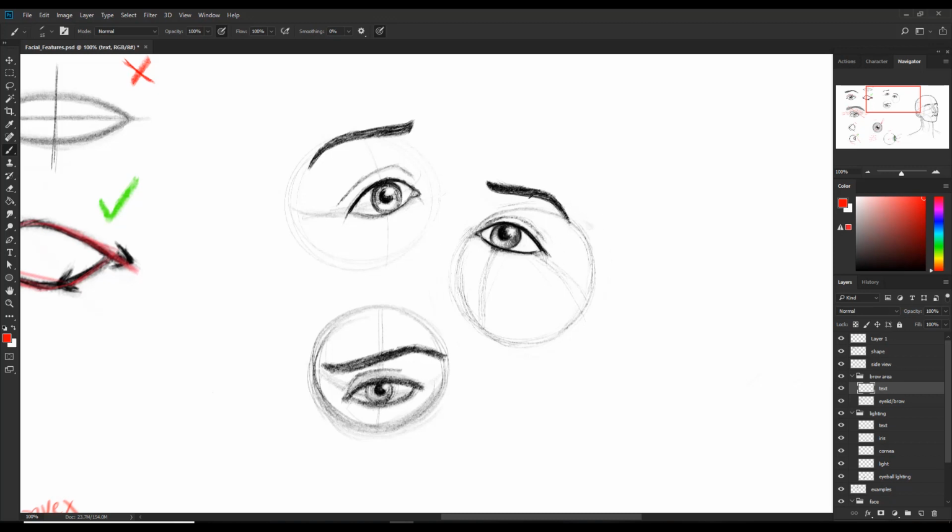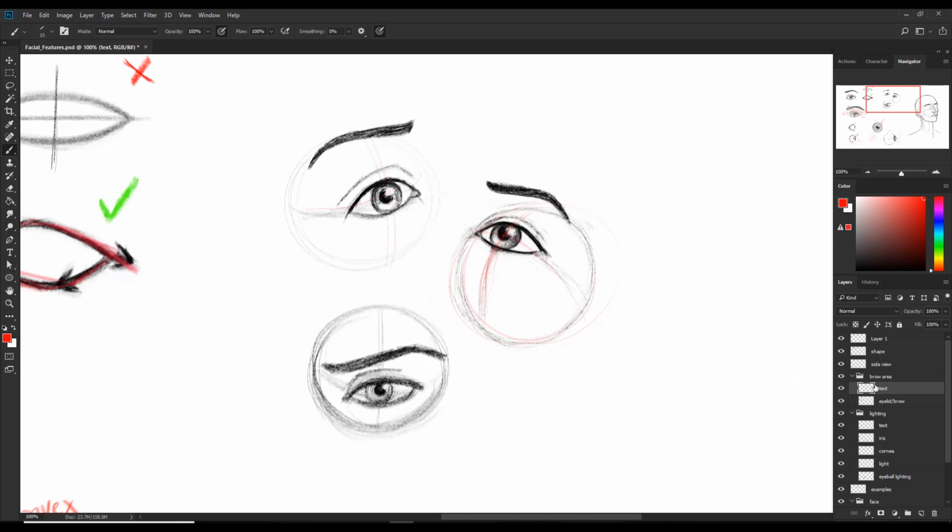So all you really need is your sphere and your wrapping lines. And where those wrapping lines meet, you can draw your pupil, and you can do these in all different directions. You can also practice different expressions with the eyes. Don't forget to add the eyebrows, that way you can add even more expression to your eyes. So I just did a couple examples for you guys to see.